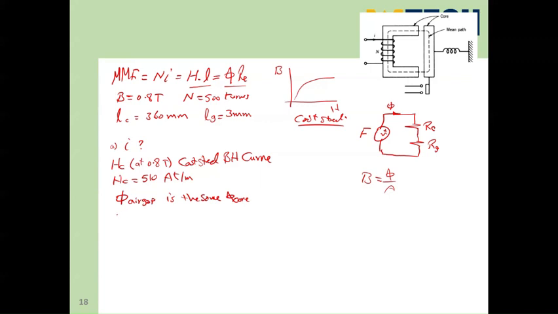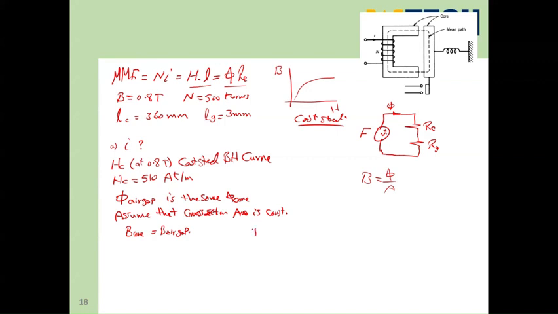And we assume all the time that the cross-section area is constant for the air gap and for the core, which means we can say that B core equals B air gap.